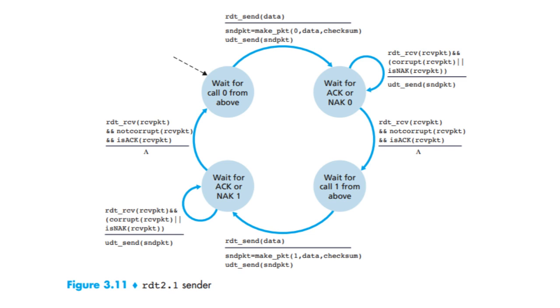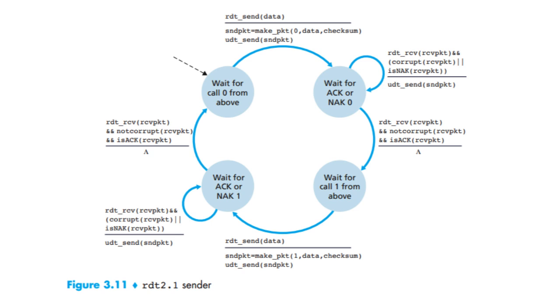Figure 3.11 shows the FSM description for rdt2.1. A solution, adopted by data transfer protocols including TCP, is to add a new field to the data packet and have the sender number its data packets by putting a sequence number into this field. The receiver then need only check this sequence number to determine whether or not the received packet is a retransmission.